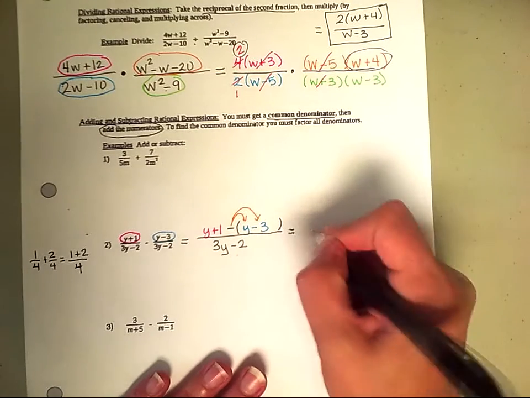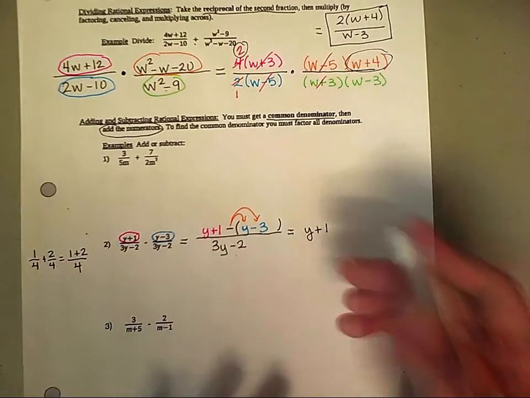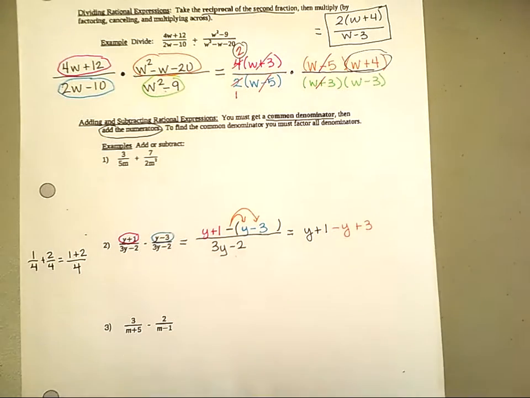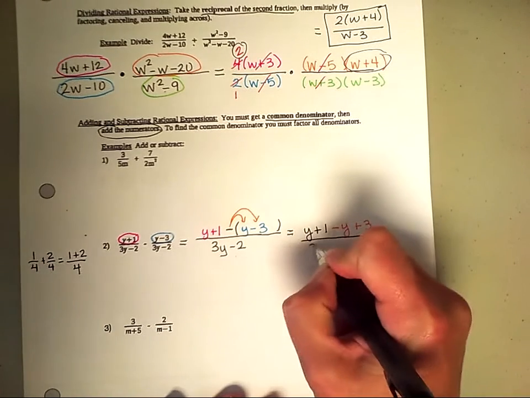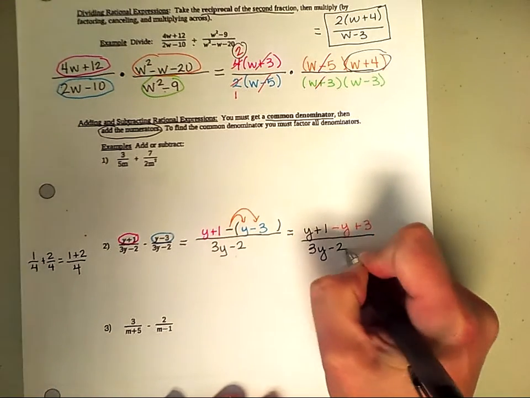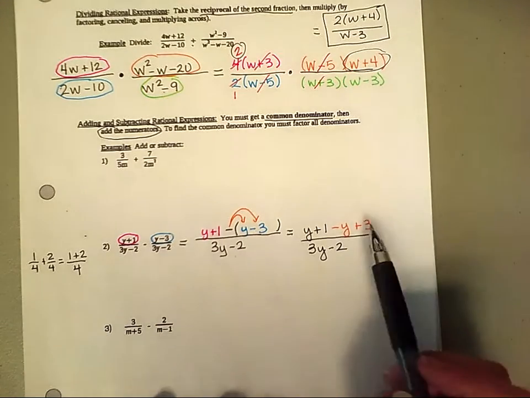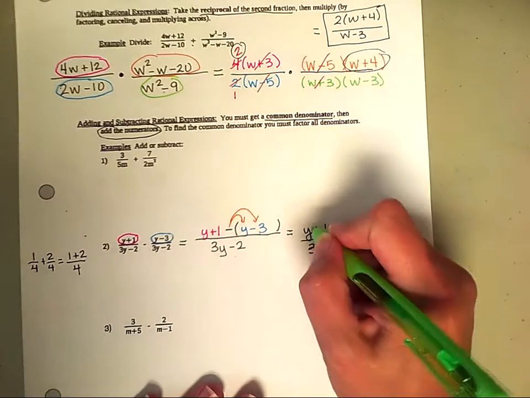So this is equal to y plus 1. Then we're distributing the negative, so minus y plus 3. And then we just copy the denominator. Now we need to combine like terms at the top.